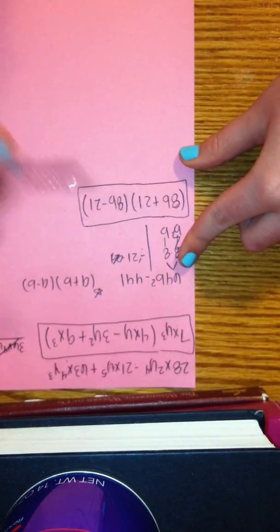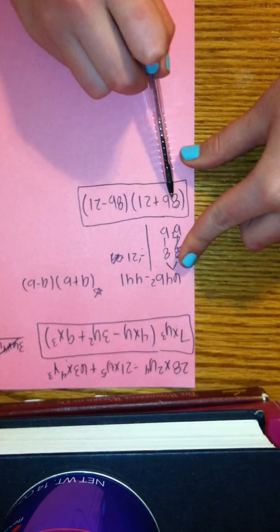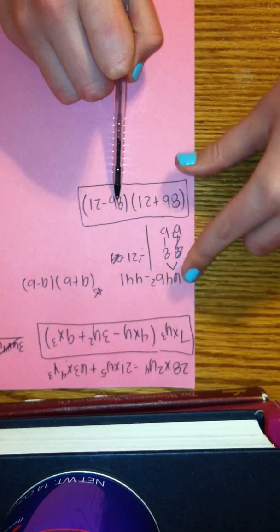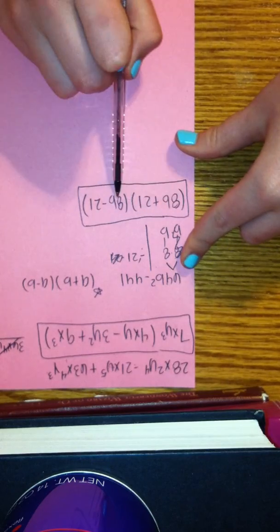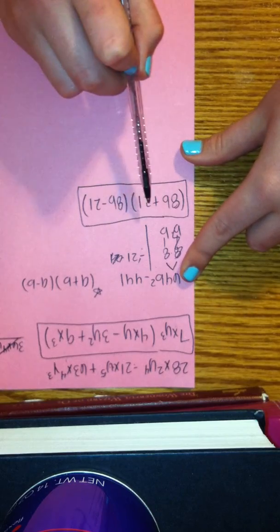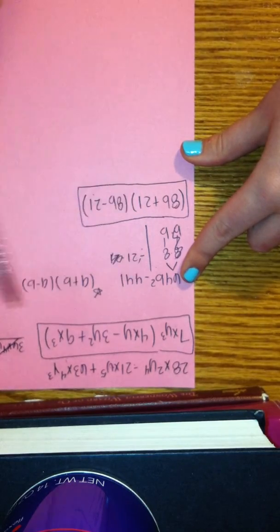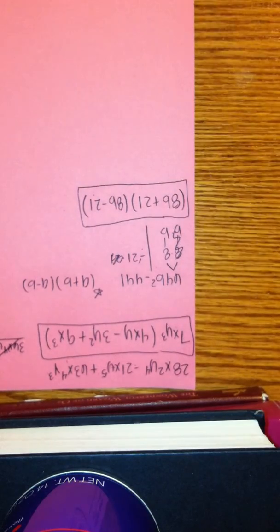But with this one, they're really easy to check because you can just go 8b times 8b. 8 times 8 is 64. b times b is b to the second. So 64b to the second, and then 21 times negative 21 is 441. So that's your answer to that one. Really simple.